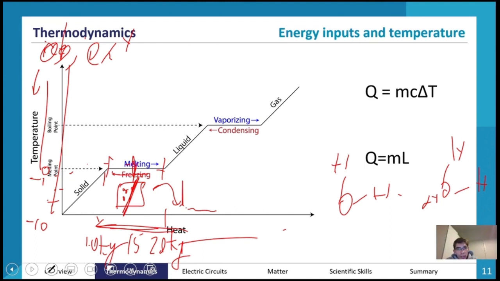After all the ice has been transformed into water, only then will the temperature of the water start to increase as we are adding more and more heat energy. And then the temperature of the water will increase up to 100 degrees Celsius with more heat energy.